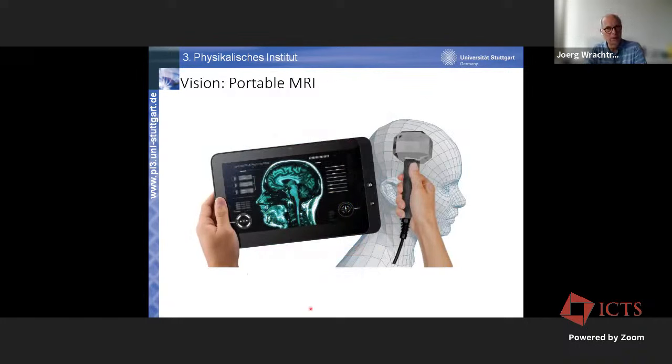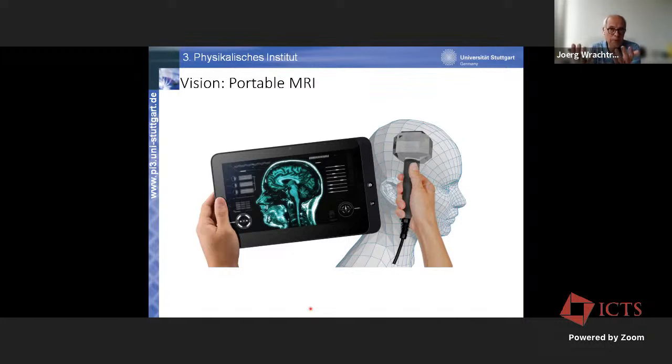So normally, first of all, MRI does not measure the magnetic fields generated by ion flow.